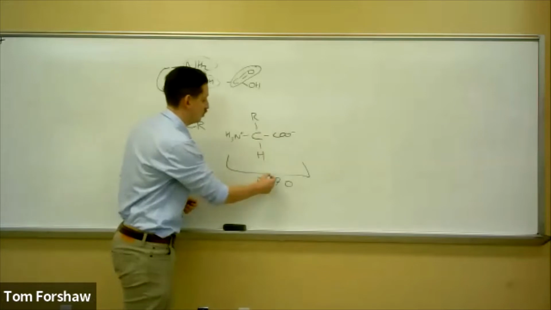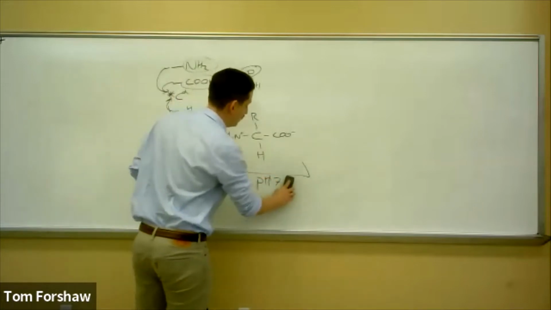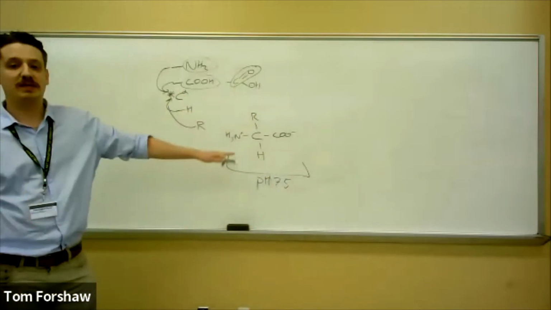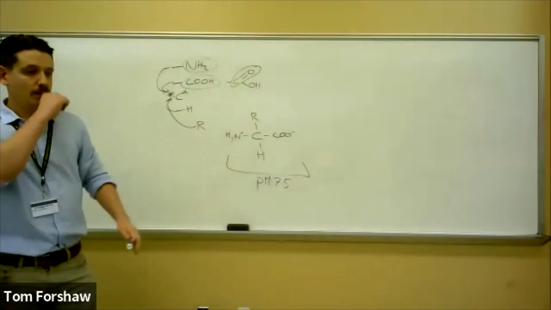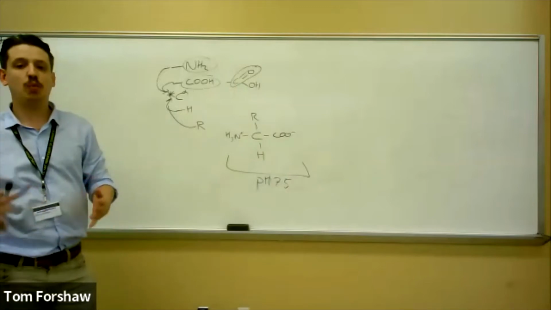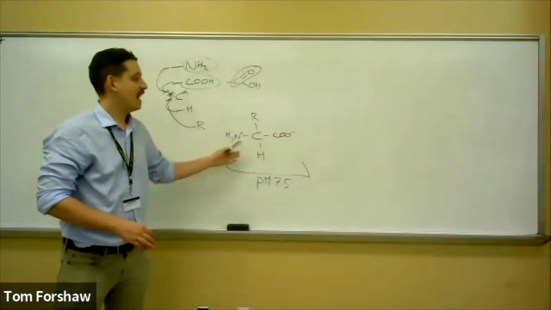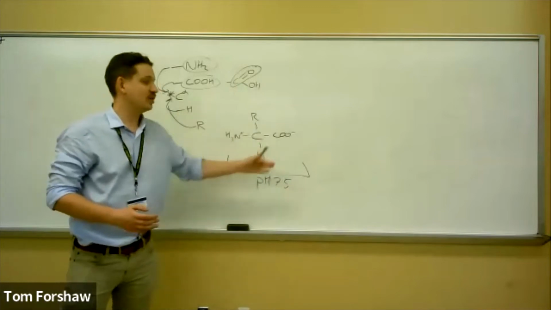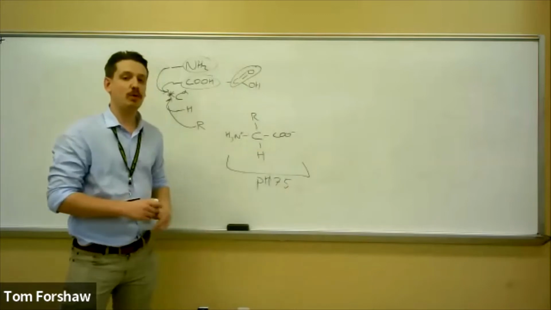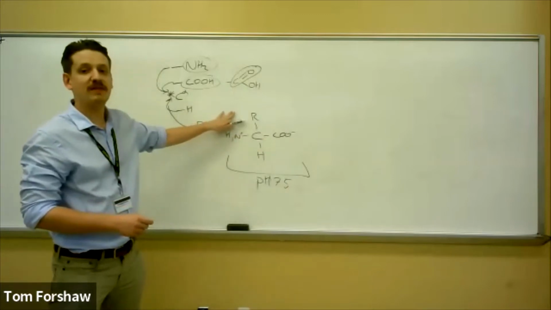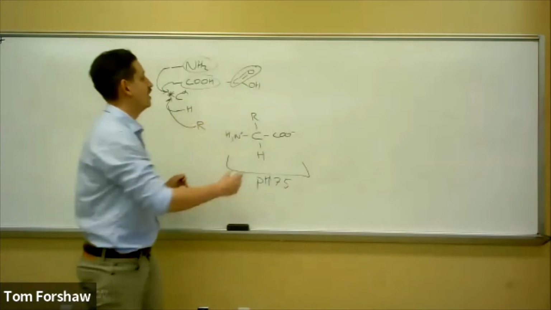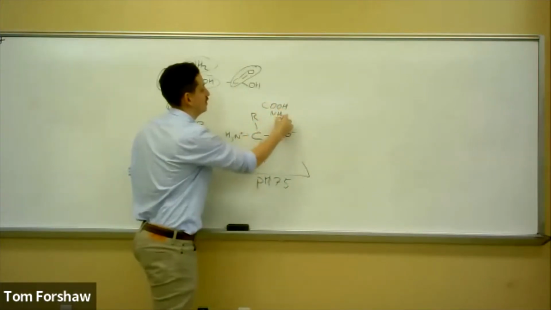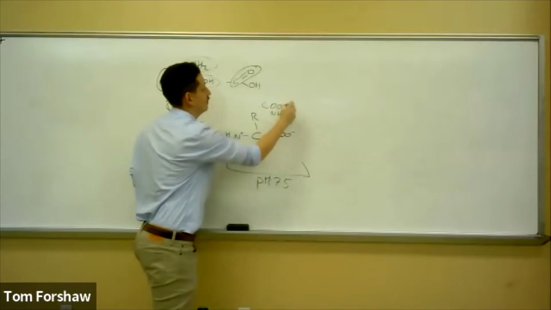It's going to be 7.5 in cells, but around this pH, this is going to be the form that you will see. Now, I need to explain why, so that you can predict at different pHs what ionization these groups will be in. This is also important for when we incorporate the R groups, because many of the R groups have chargeable species such as carboxylic acids or amines, which may become charged.